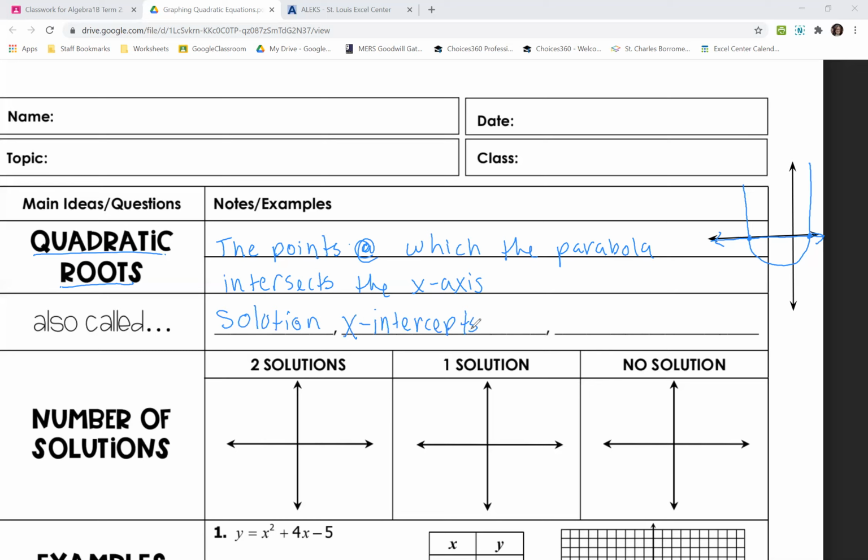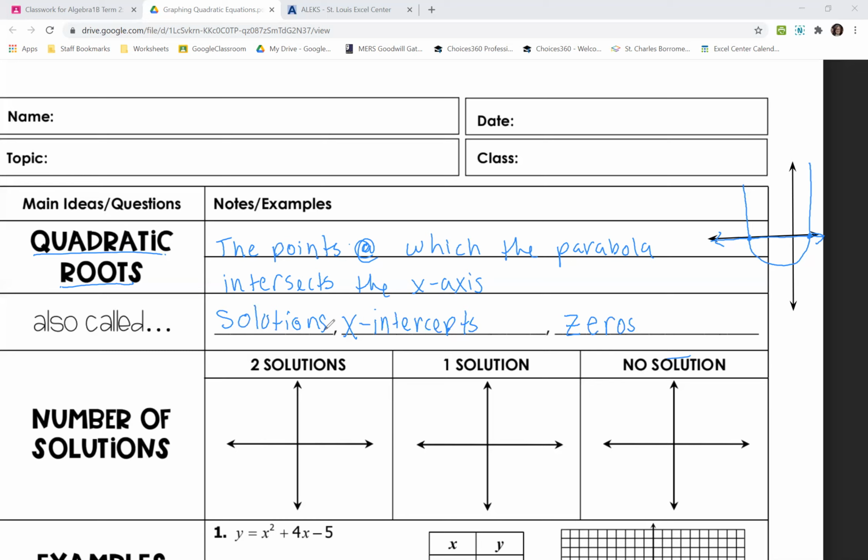Another name for them, which is kind of an awkward name, I think, but we should know it, is zeros. Okay, so we've got solutions, x-intercepts, and zeros, or roots. So we've got 4 different names for these points that cross at the x-axis.